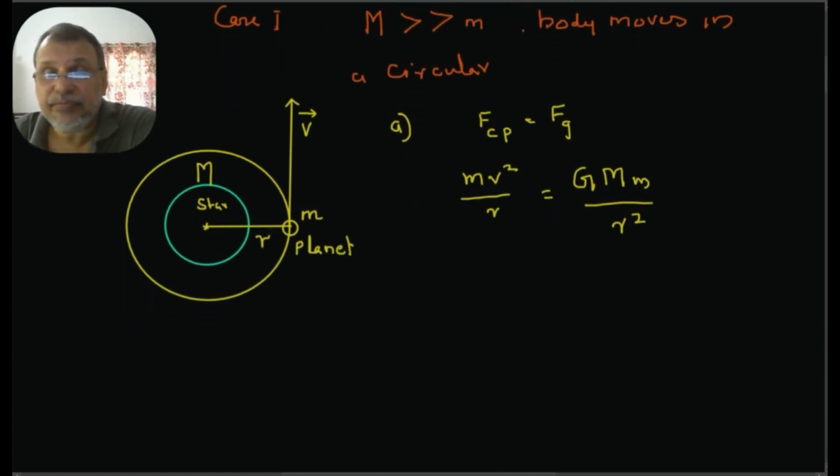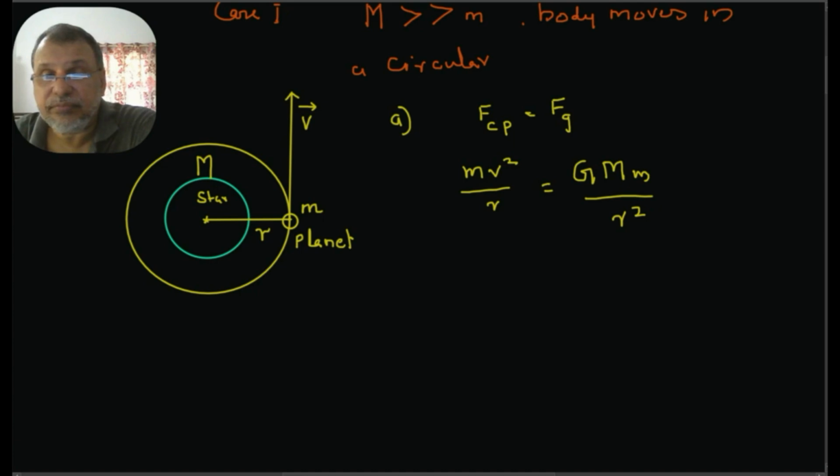Now you must remember that the mass of the star is huge compared to the mass of the planet for these equations to be valid, because the center of mass of the system we assume very close to the center of mass of the star. That's the basic idea. Now we resolve this equation.